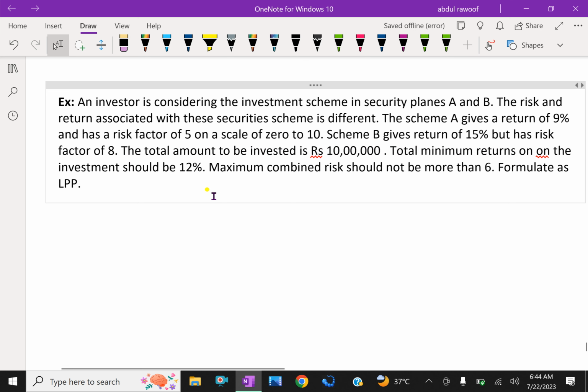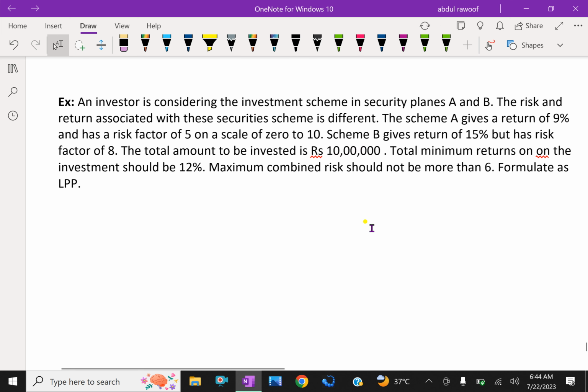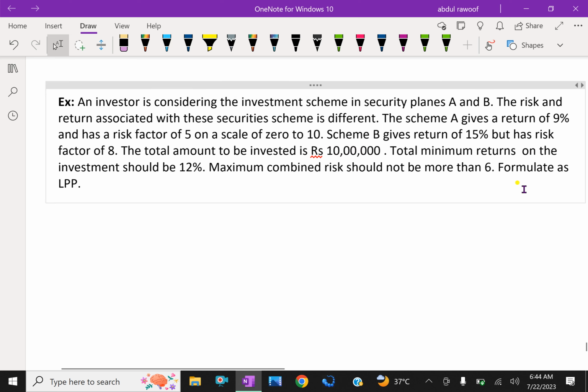The total amount to be invested is rupees 10 lakhs. Total minimum return on the investment should be 12%. Maximum combined risk should not be more than 6. Formulate as LPP.